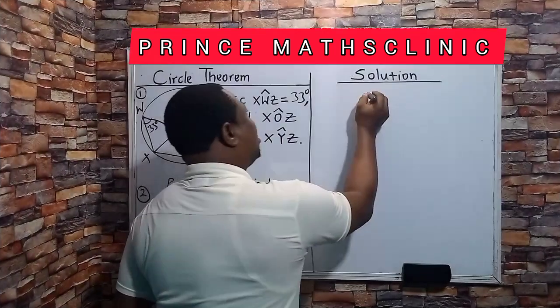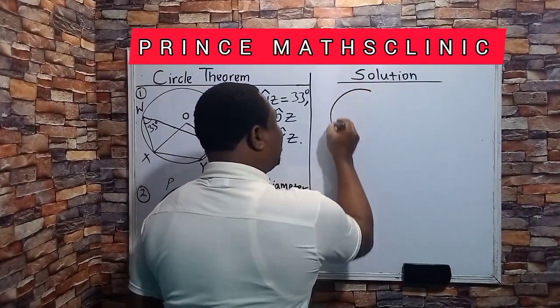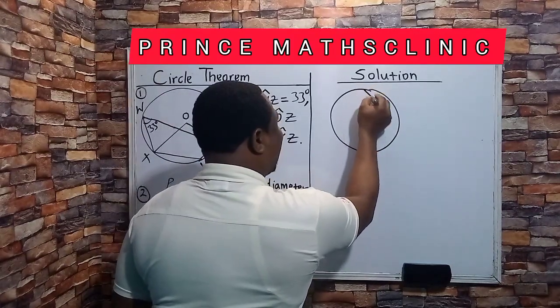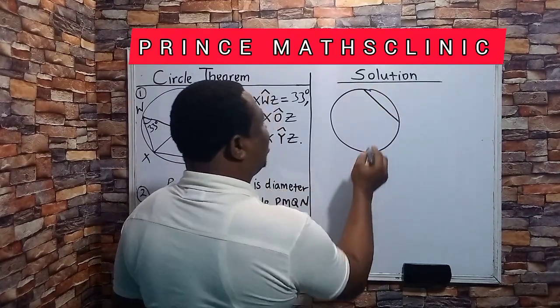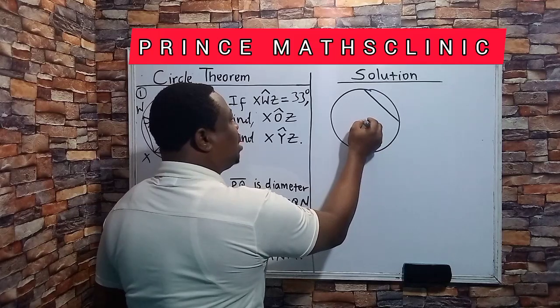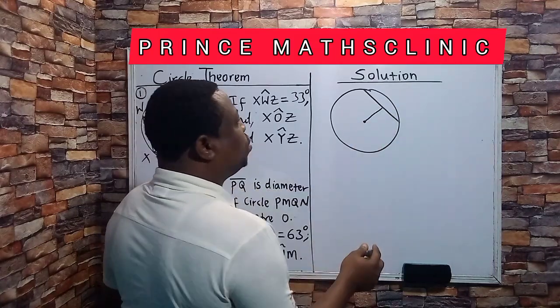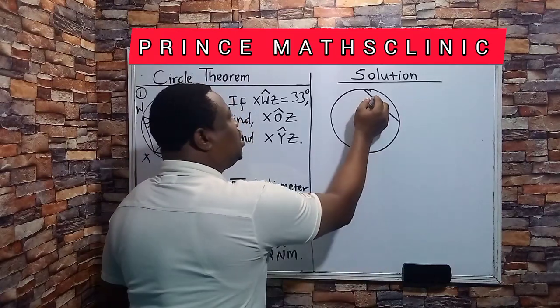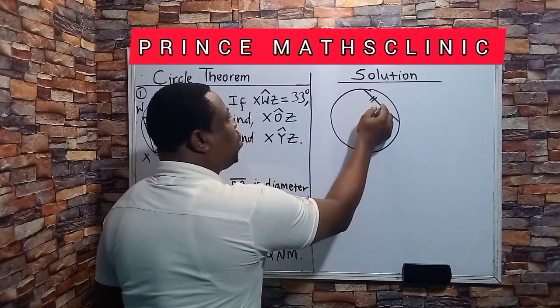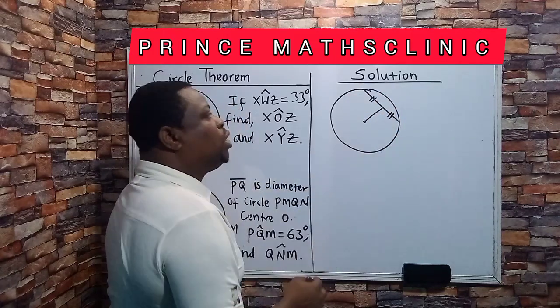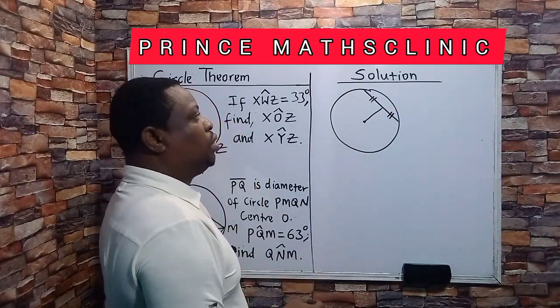The first theorem I would like to call our attention to is this. If I have a chord, like I explained, and I have a line from the center of the circle that touches the chord, right? This part of the chord from here to here and from here to here will always be equal, right?